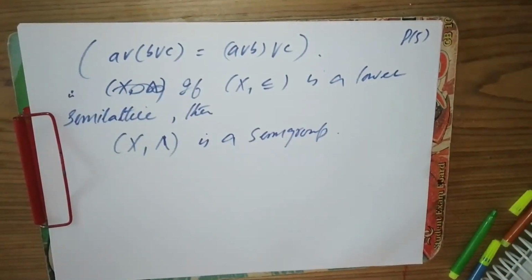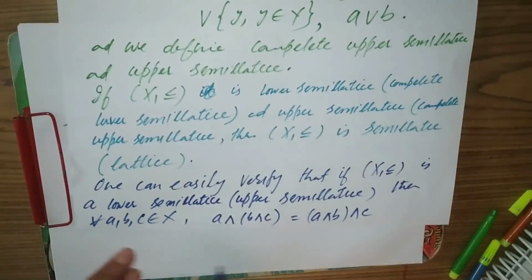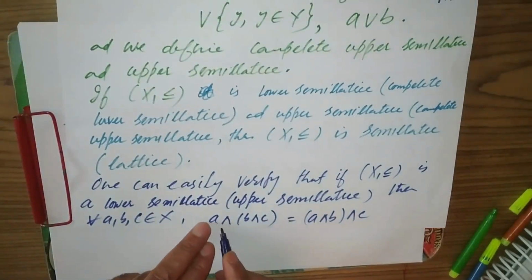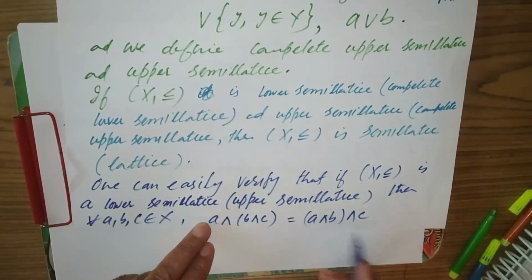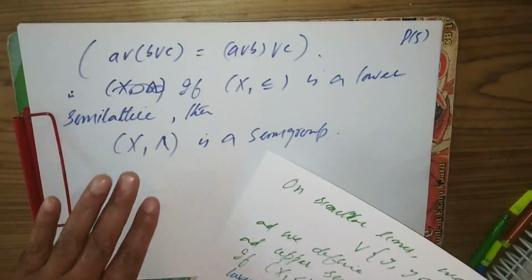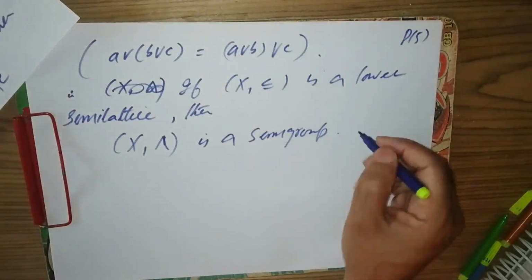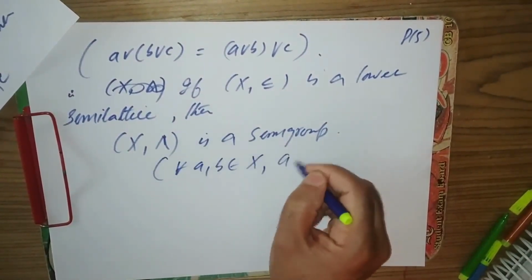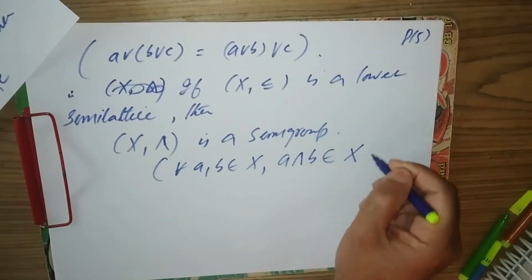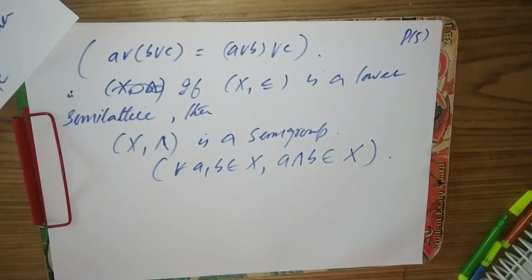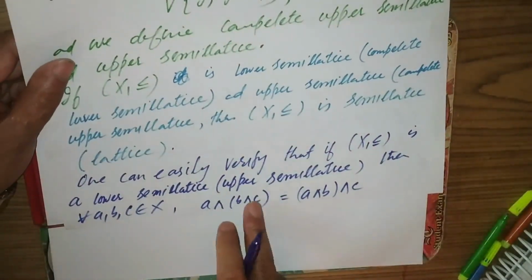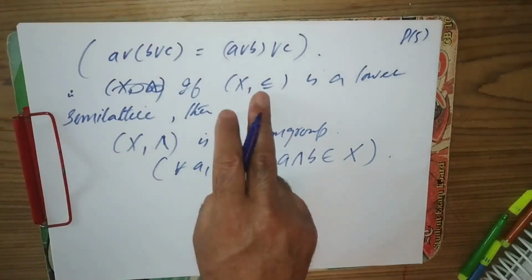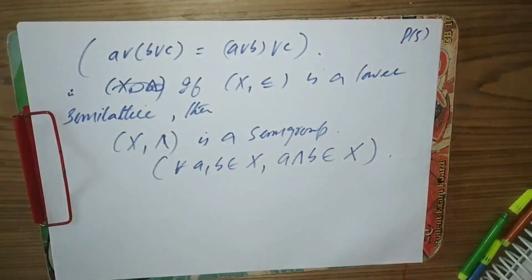If we take the meet operation as a binary operation, then it satisfies the associative property, and for all A, B belonging to X, A meet B also belongs to X. So this is a semigroup if it is a lower semilattice.